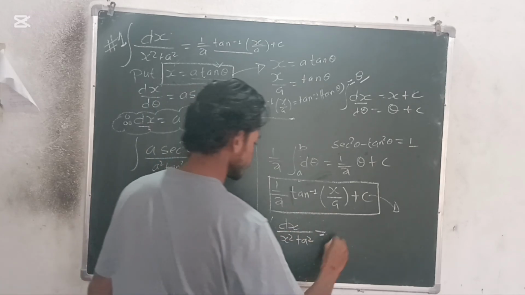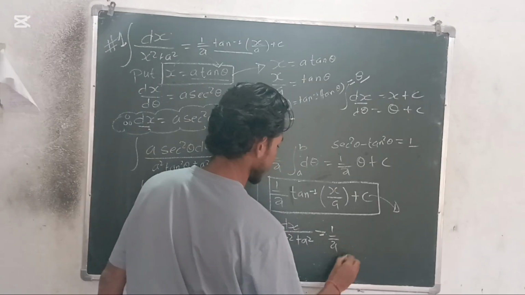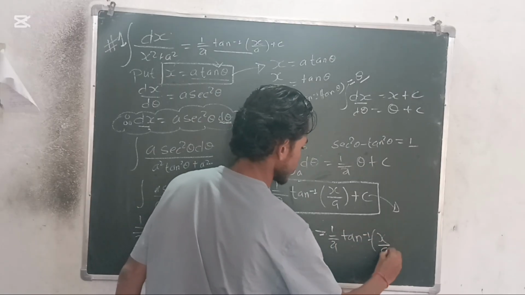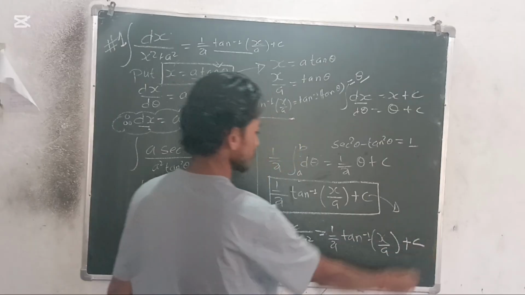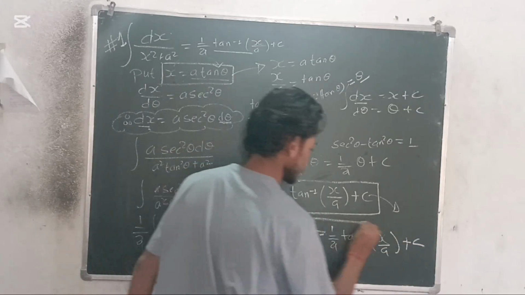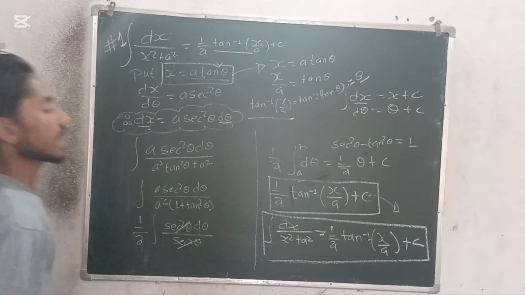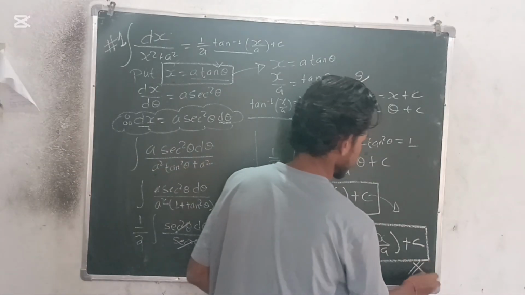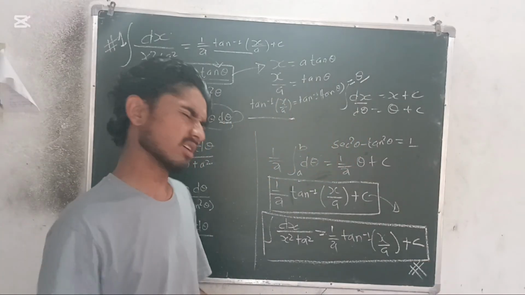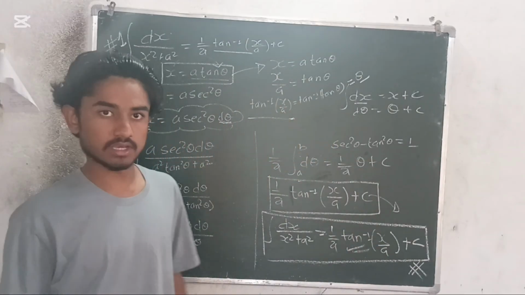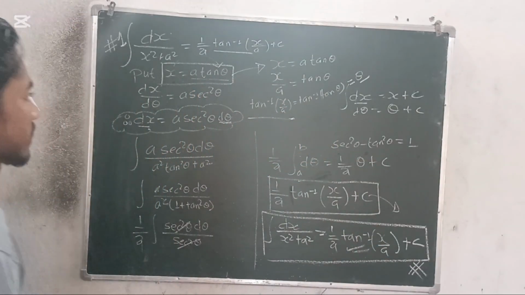We get 1 over a tan inverse x over a plus some constant c. This is how the relation or identity is obtained, which I had also memorized in my earlier classes, in class 11.